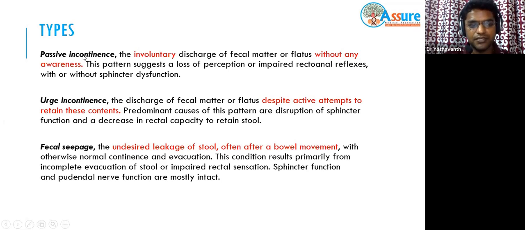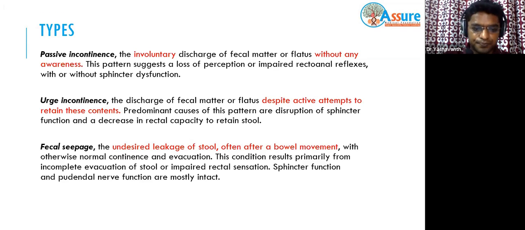You have passive incontinence, urge incontinence, and fecal seepage. These are the three types. The most common you see are passive and urge. Passive is involuntary passage of fecal matter where you are not aware, so there is a sensory defect. Urge is where fecal matter and flatus are passed despite an active attempt to retain the contents.